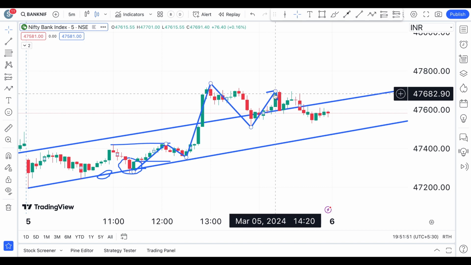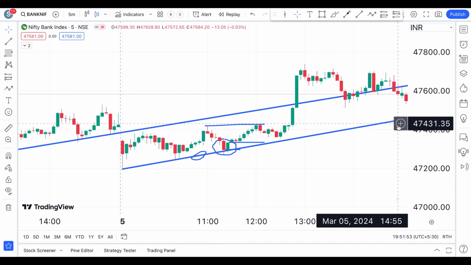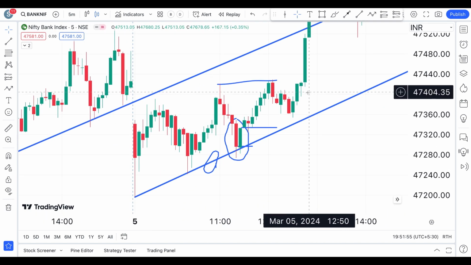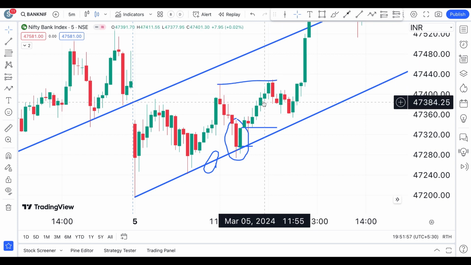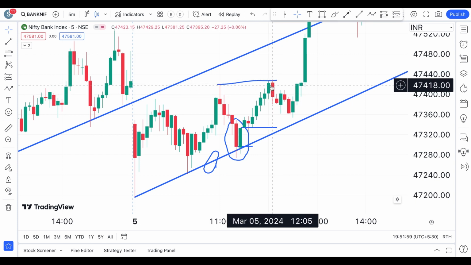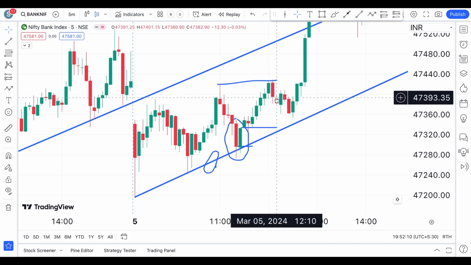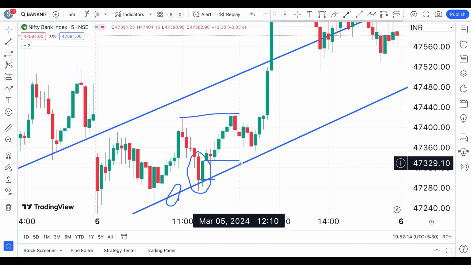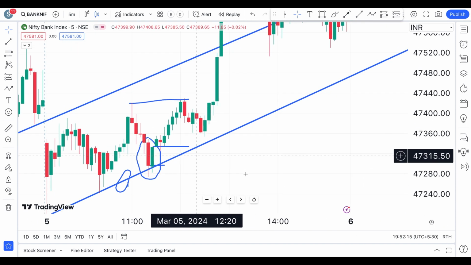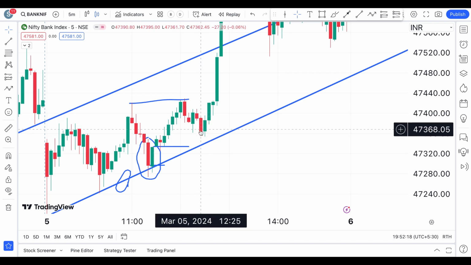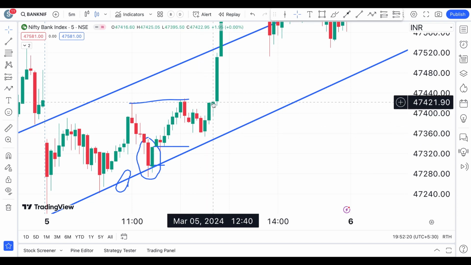Or one might have taken an exit here itself based on this particular candlestick pattern, because these two candles are giving us a bearish sign, that is a bearish engulfing pattern. And some might have taken an exit based on this inside candle breakout towards the upper side.